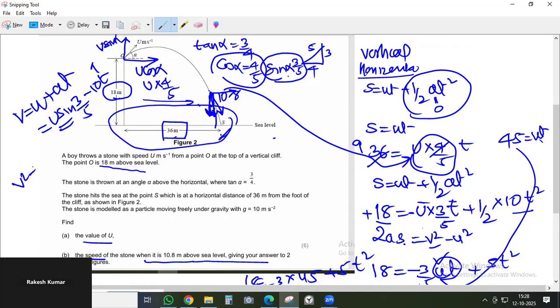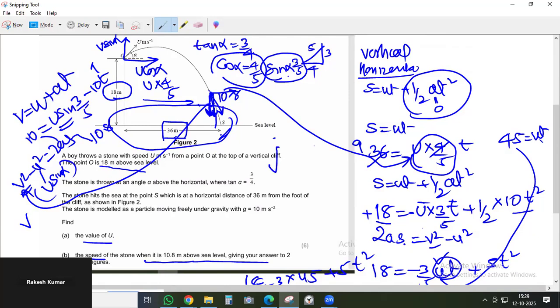I'll use V square minus U square is equal to 2AS. I know S is 10.8, I know A is 10, I know U was the initial U sine alpha, and V I will get. So this vertical component I will get. Then I will find Vx and Vy and square them, using the Pythagoras theorem, to get the speed.